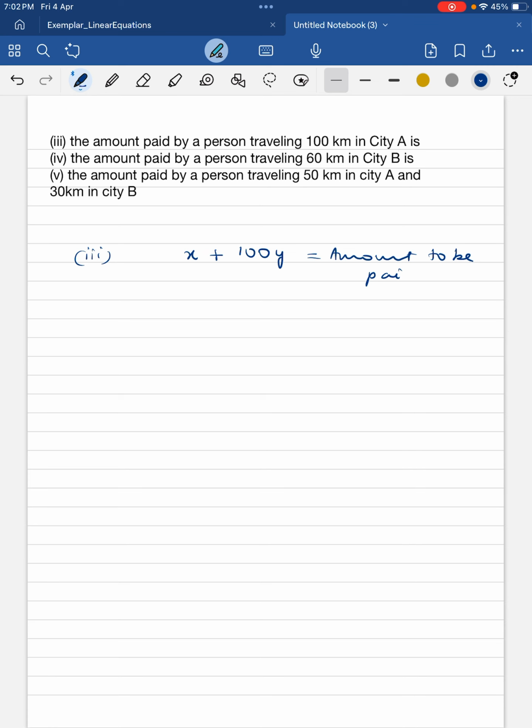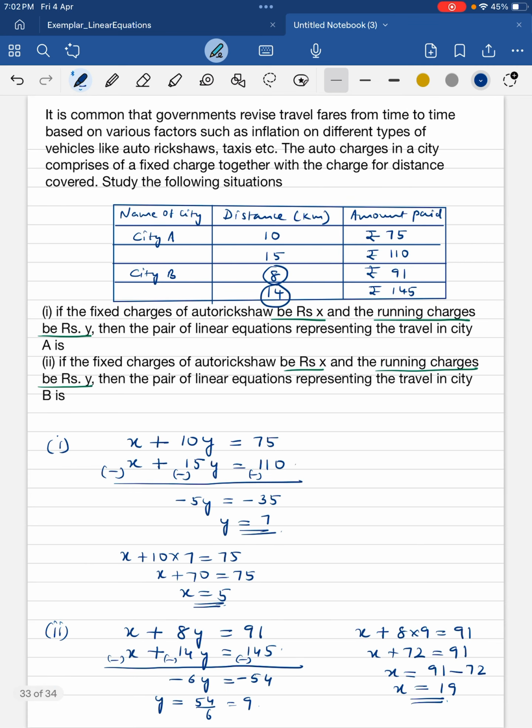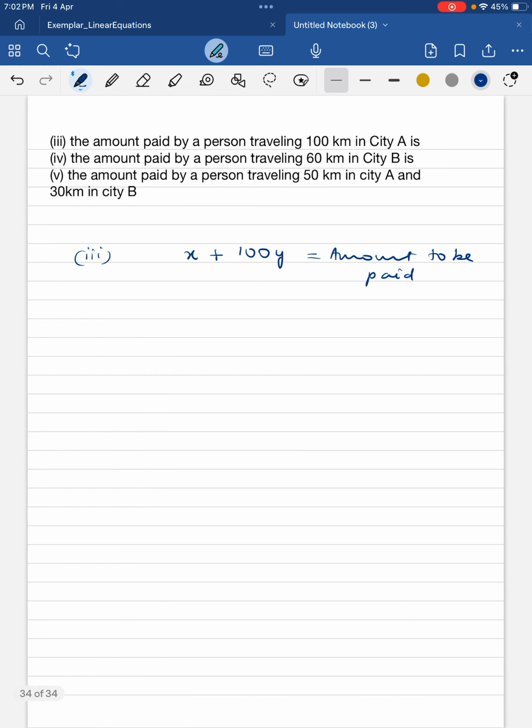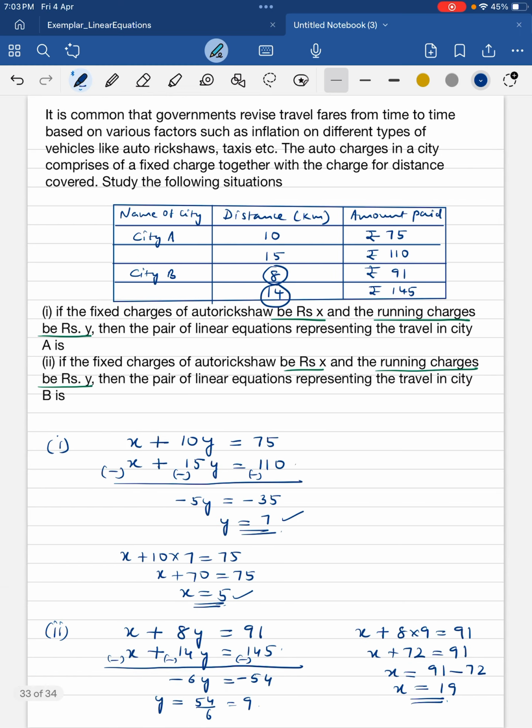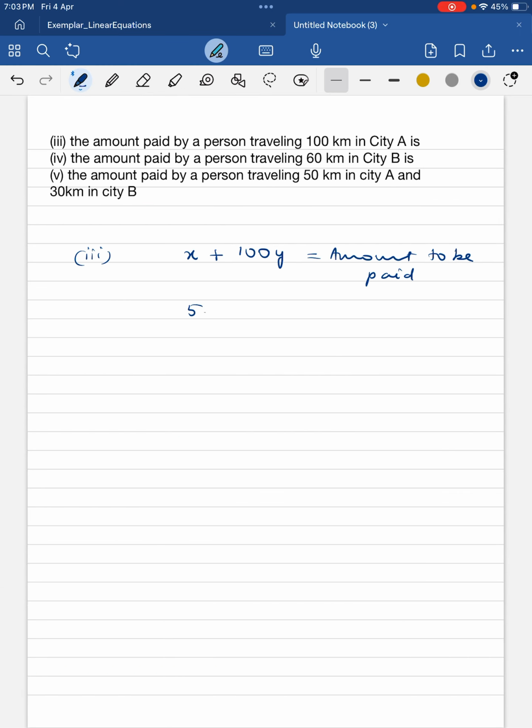Now what was the value of x in the first city? It was 5 and the value of y was 7. So the amount is 5 plus 100 times 7. That's 5 plus 700, or rupees 705. So a person traveling 100 kilometers in city A has to pay rupees 705.